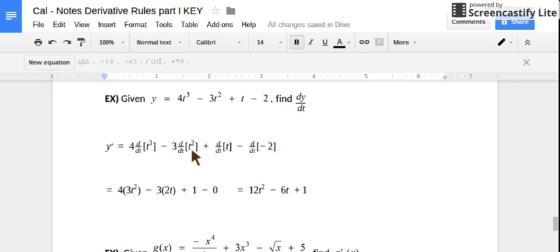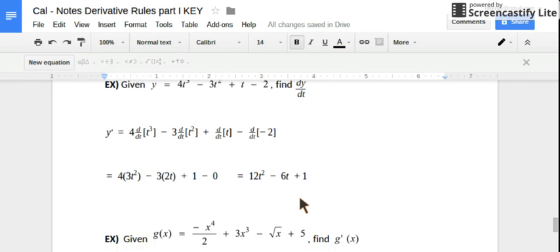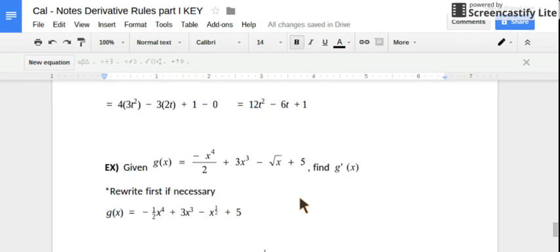The derivative of t squared is 2t times negative 3 is negative 6t. And find the derivative of just t. The derivative of that linear function is just going to be 1. And the derivative of this last term, a constant, is going to be 0. And so we put it all together, we get 12t squared minus 6t plus 1.